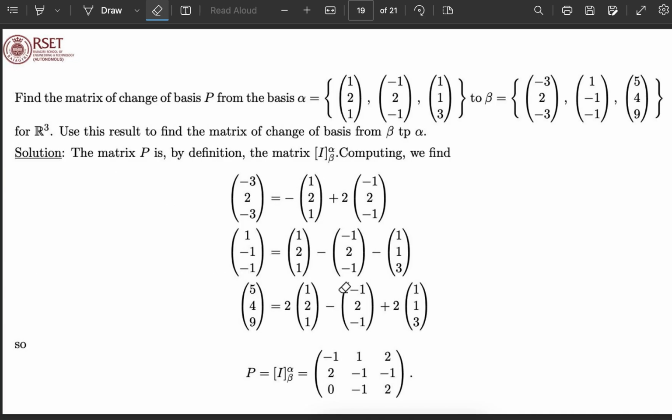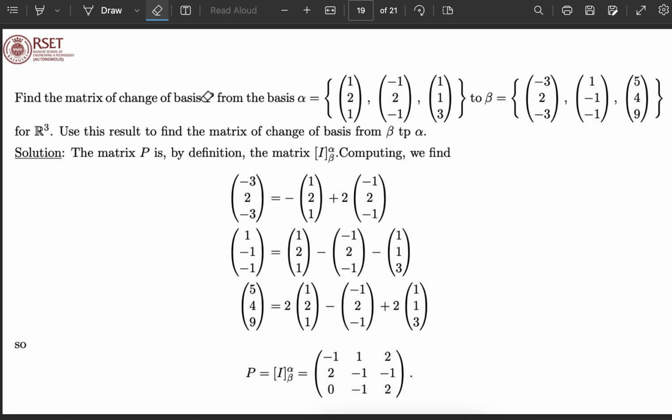Let's consider one example. Find the matrix of change of basis P from the basis alpha to beta of R cube and use this result to find the matrix of change of basis from beta to alpha.